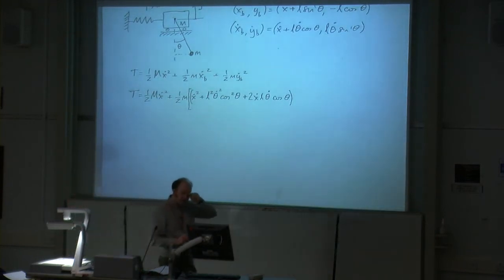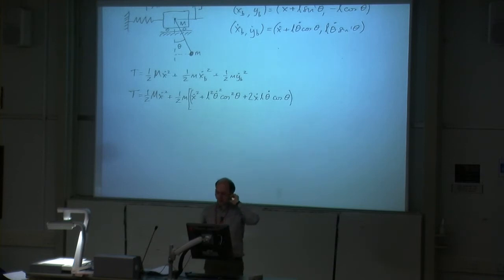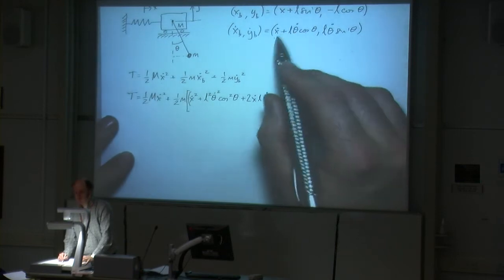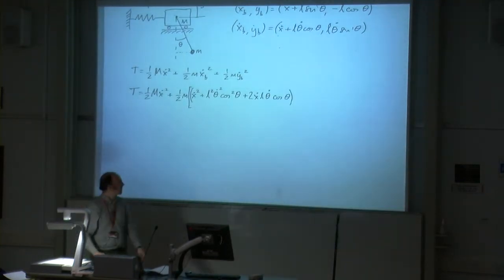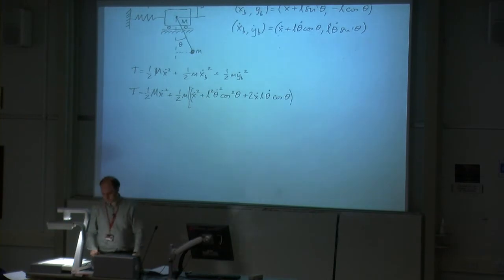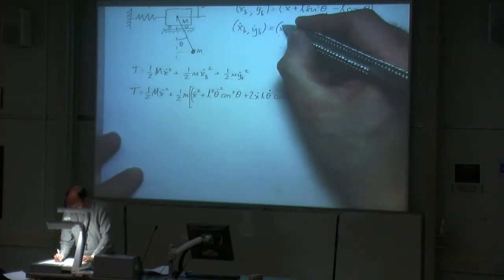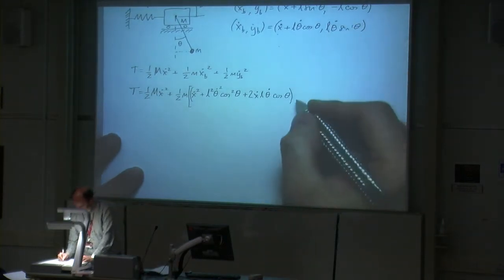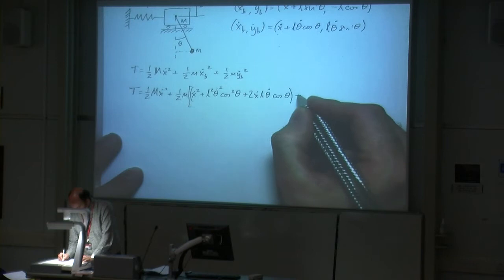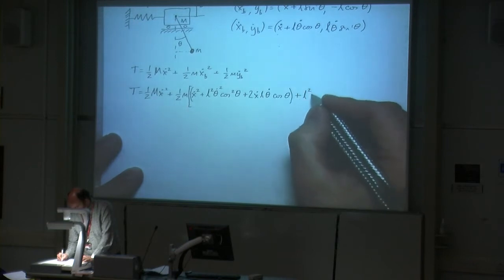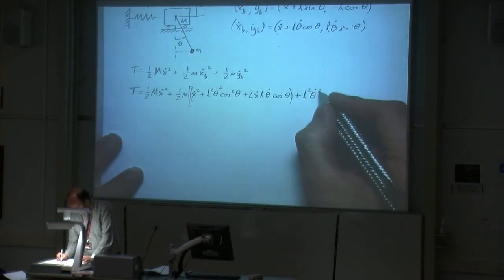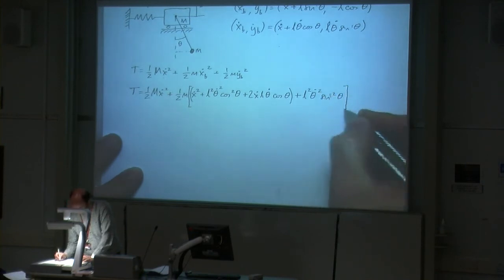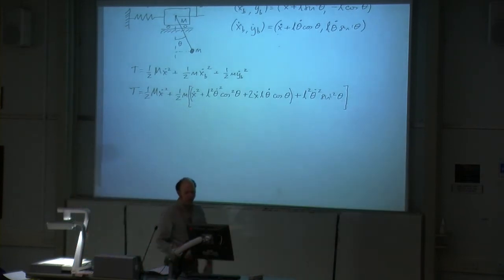So that bit there is x dot b squared. I've taken this term and I've squared it. So you have to multiply it out. It's 3 terms. And then this term I just have to square. So plus L squared theta dot squared sine squared theta. I took the 1/2 m outside of both of those terms.